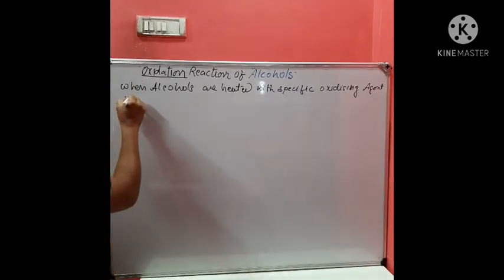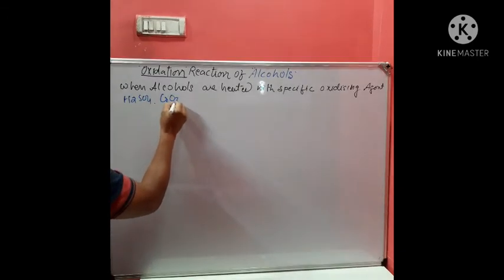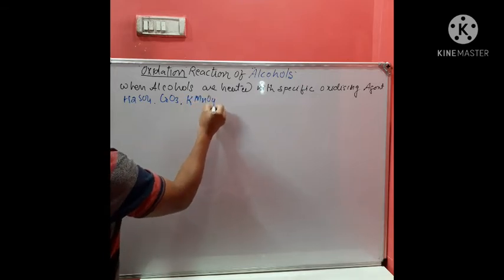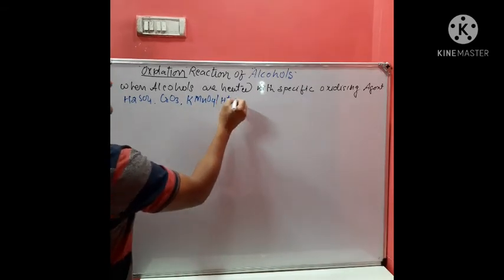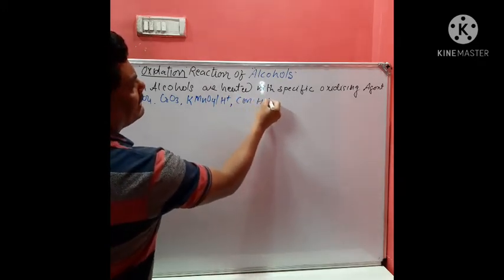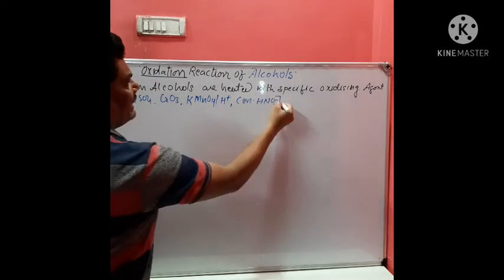This could be sulfuric acid, this could be CrO3, this could be KMnO4 in the presence of H cation, or this could be concentrated nitric acid. All these are called oxidizing agents.